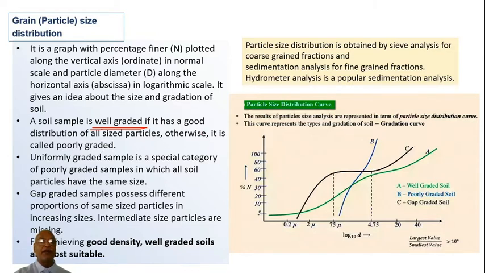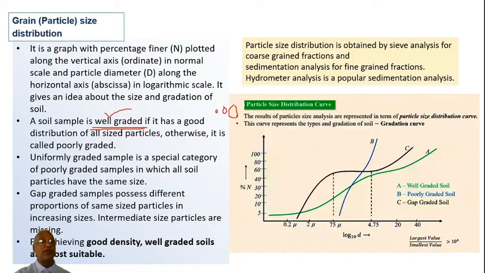Means here it should have smaller size particles as well as bigger size particles, still bigger size particles. All of them should be there, not only very small particles or medium sized particles or bigger size particles continuously. It should be a good mix of all, then it is called well graded, right?